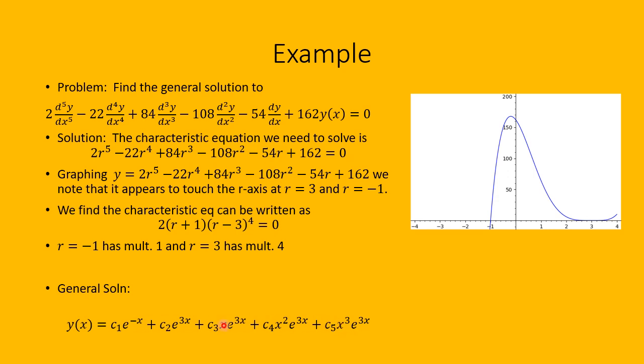So this is what our general solution to that differential equation looks like. If we had an initial value problem, we would have to use those initial conditions to figure out what C1, C2, C3, C4, and C5 are.